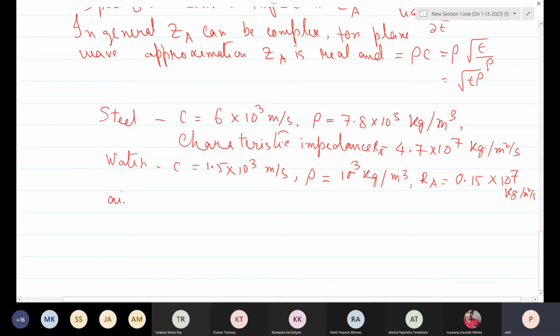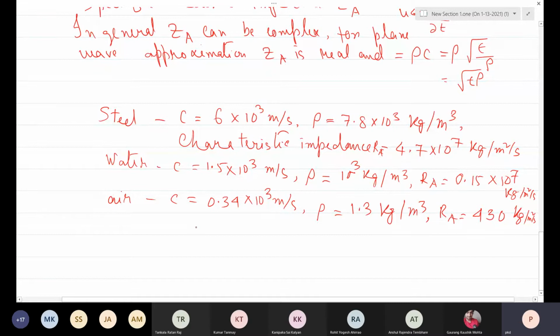Now for air, C is lower because it is proportional to density. Rho is just 1.3 kg per meter cube. And more importantly, the specific acoustic impedance is just 430 kg per meter square per second.